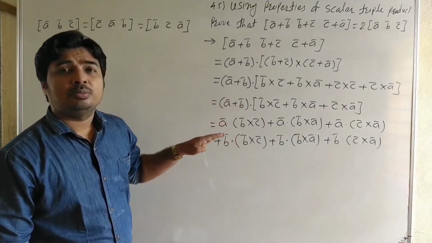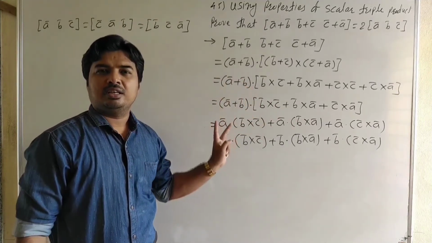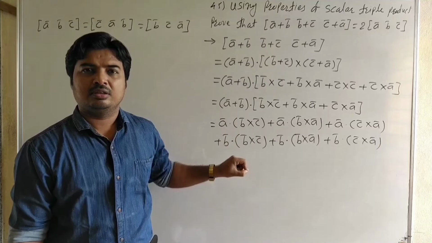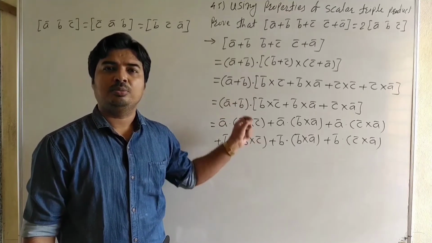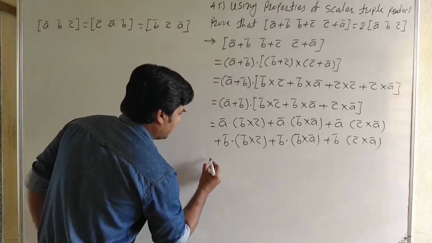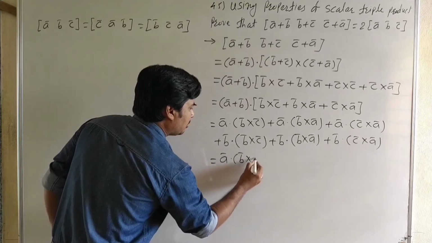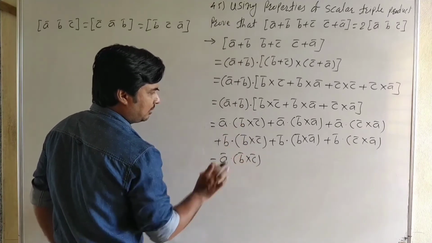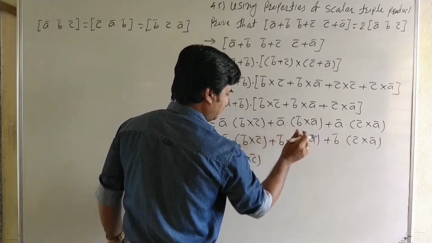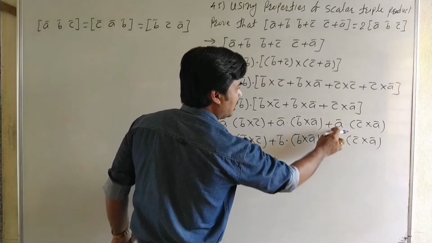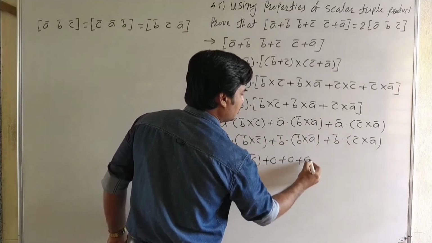Now again here we use the property of the scalar triple product. In a scalar triple product, if any two vectors are the same, then the value of the triple product is 0. Here the first term is a bar dot b bar cross c bar, with a, b, c different vectors. But in the second term, a bar dot b bar cross a bar, two vectors are the same, therefore it is 0, and likewise 0 and 0.